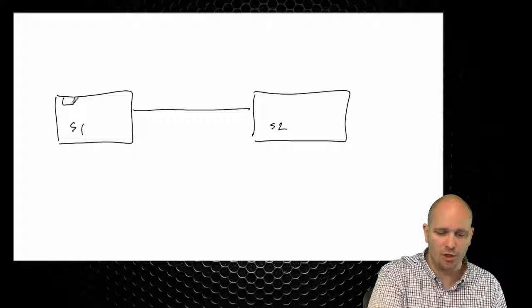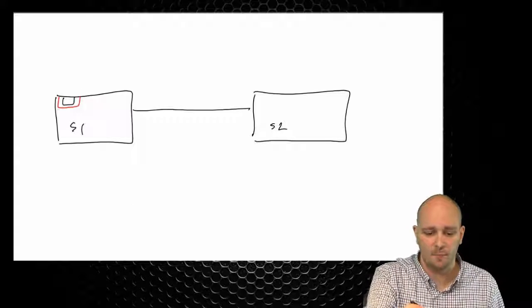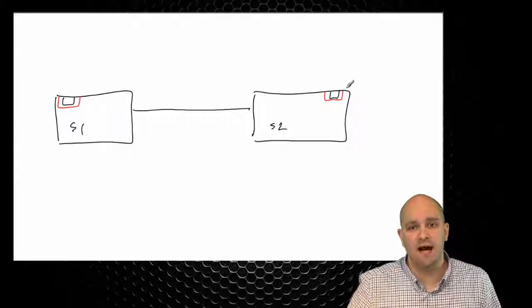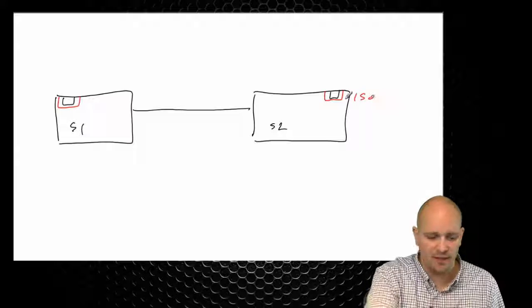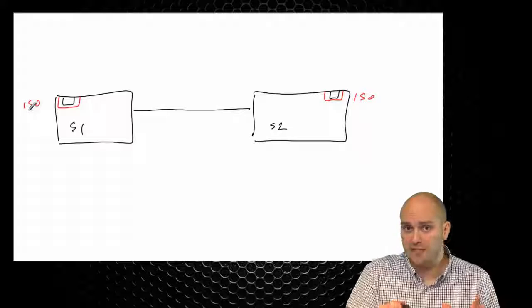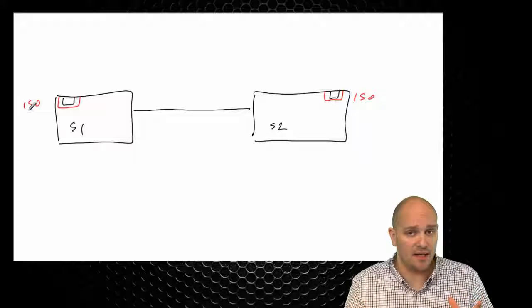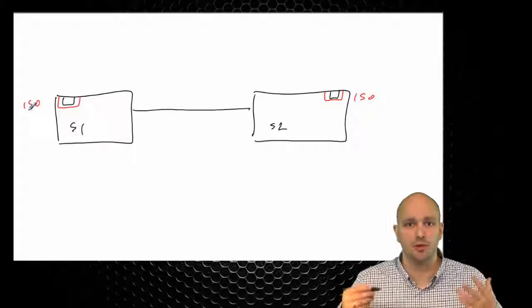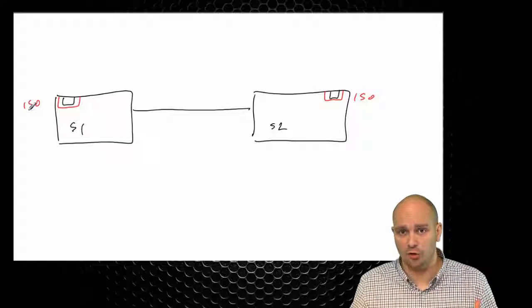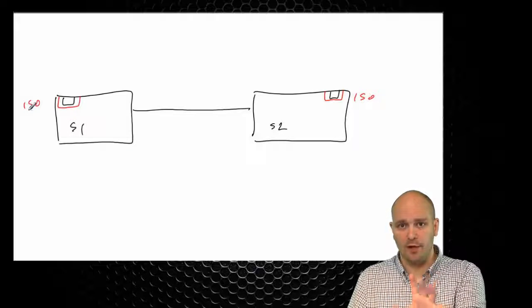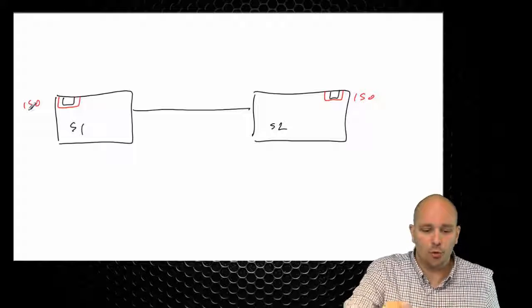Now let's say that on this switch we had a port that was in an isolated VLAN, and on this other switch as well. So this is isolated VLAN and this is isolated VLAN. Given that both these switches are configured the same way, meaning that they both agree that these are isolated VLANs and that they are using the same primary VLAN in the configuration, meaning that there is no mismatch, which is something I'm going to show you a little bit later on, this is how this is going to work.